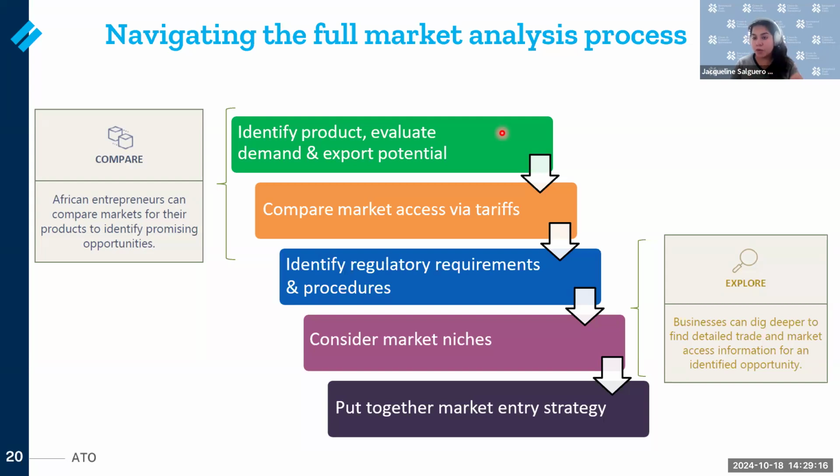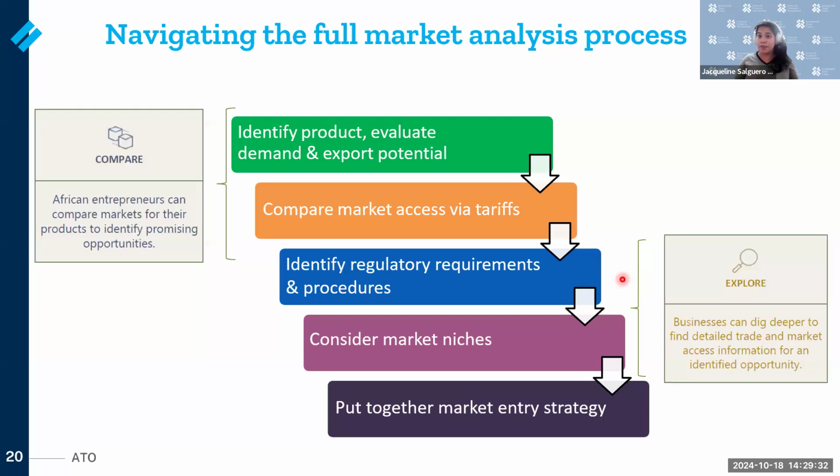It's the same with the market. Once you have identified from these 3 markets, 5 markets, the one that is the most attractive, you will narrow it down to understand how easy it will be for you to enter that market. That's what we will be doing with the Explore module.